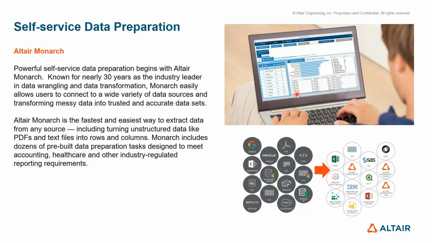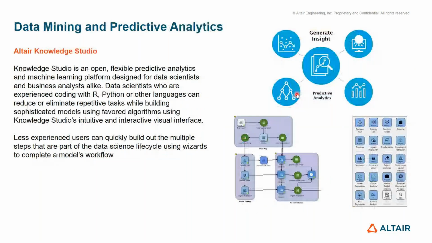And coming to data mining and predictive analytics, Knowledge Studio is the tool that performs the data mining and data prediction. With the help of AI and ML algorithms, on whatever data is received from Monarch, it performs model training, model testing, and then prediction, and so on.